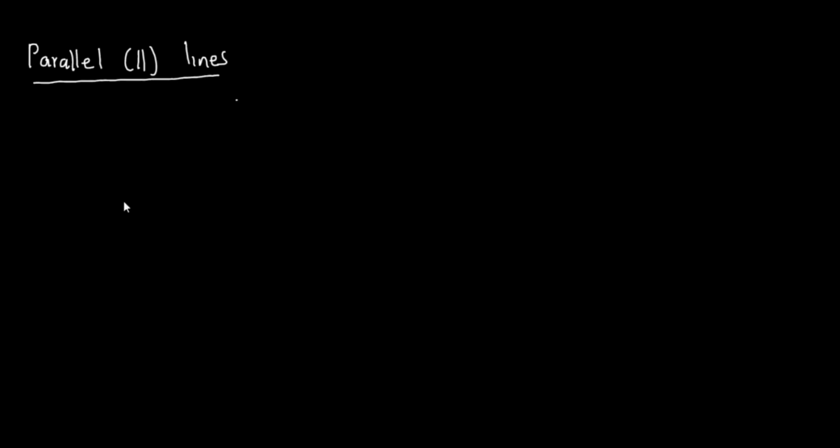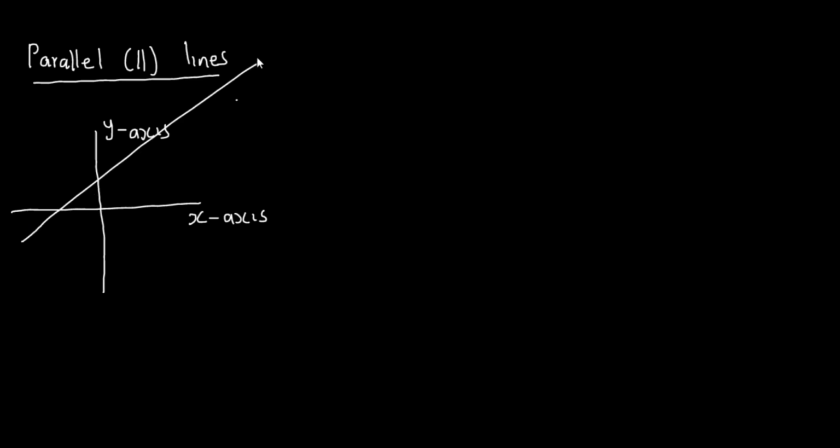So if I have an equation like this is my x-axis, and this is my y-axis. So now, if I have two lines like this that are parallel, let me redraw that. Let's say we have two lines that are parallel like this.